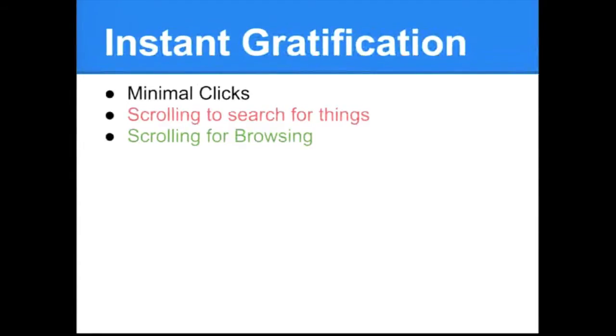So if they don't know what they want, and you have a whole host of options for browsing, then I don't see a problem with that. But if the audience knows what they want, they shouldn't have to go scrolling for it. Okay? So that's the distinction I made for scrolling.